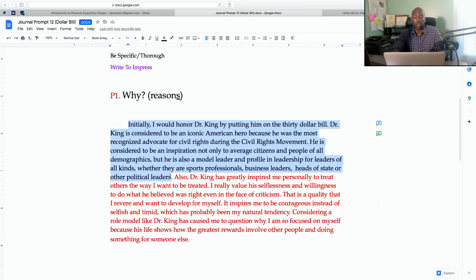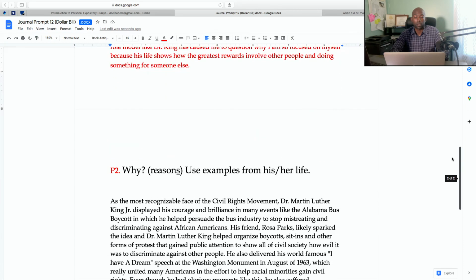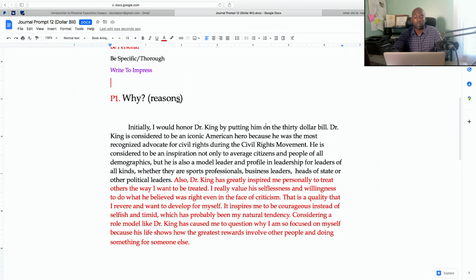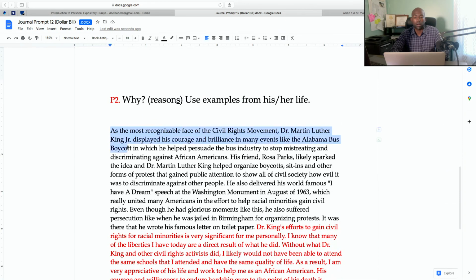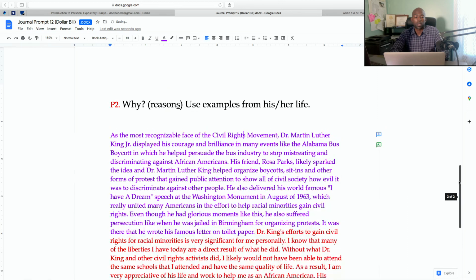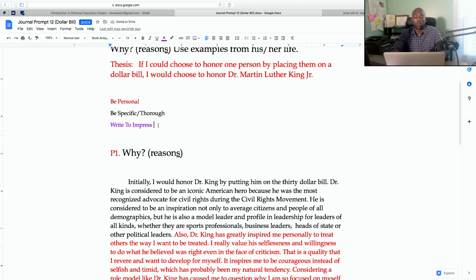And so all of this, pretty much everything that I wrote, aside from the personal information, is doing that. Okay, I share some specific things. All right, especially down here. So I'm gonna put all of this in purple, showcasing factual information that I know about Dr. Martin Luther King Jr. Okay, so I just put that in purple because that's where I'm writing to impress, showcasing what I know.